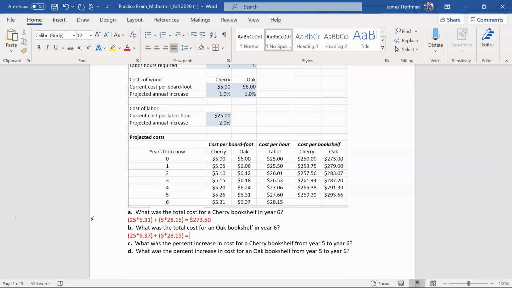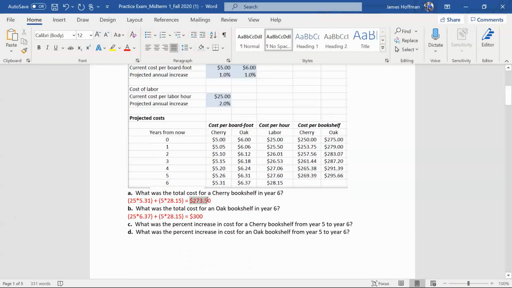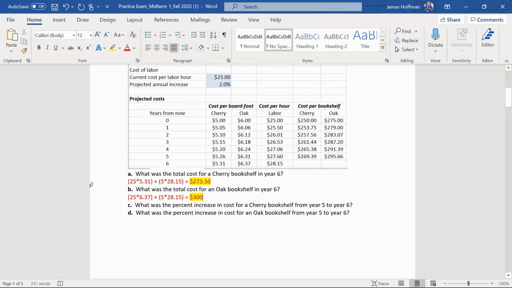Looks like this one is $300 exactly. So that's how you calculate the total cost for the two types.